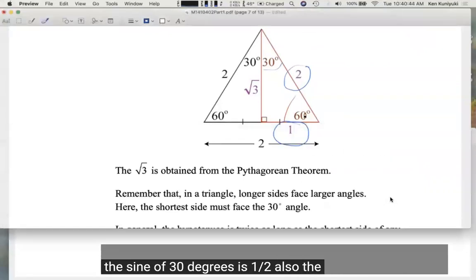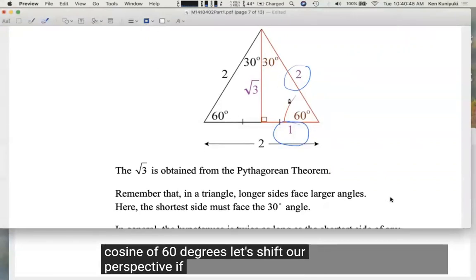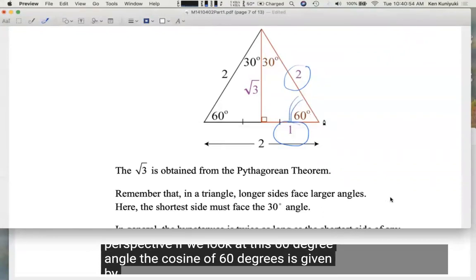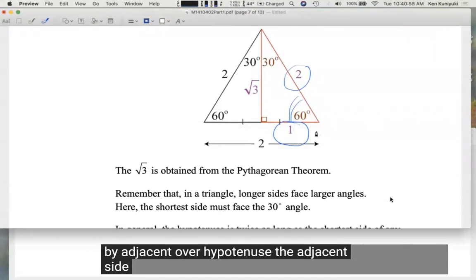Also, the cosine of 60 degrees. Let's shift our perspective. If we look at the 60-degree angle, the cosine of 60 degrees is given by adjacent over hypotenuse. The adjacent side has length 1 unit. The hypotenuse has length 2 units.